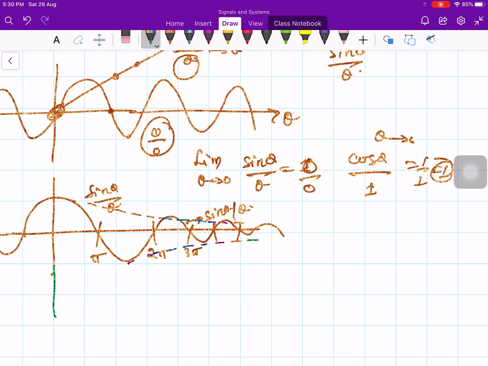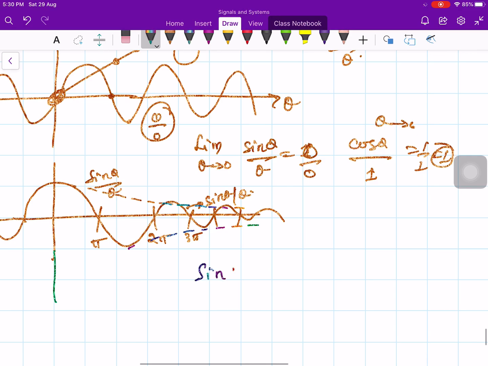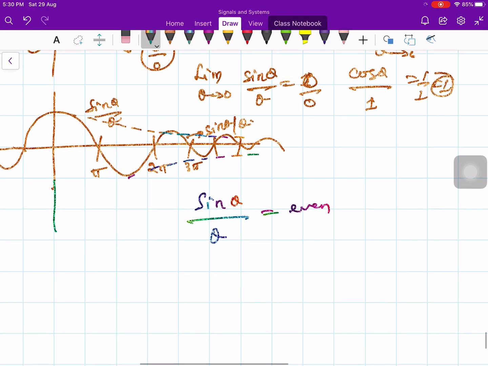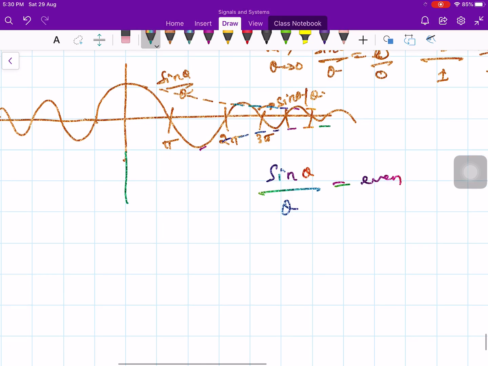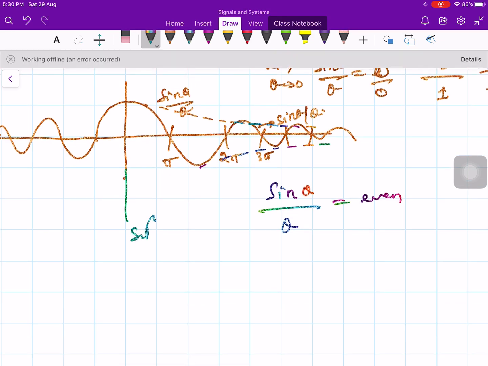Both the numerator and the denominator are odd functions, like sine theta is an odd function and theta is also an odd function. Therefore the ratio is an even function. That is why the function is symmetric. Whatever you have here, the same thing is repeated here.